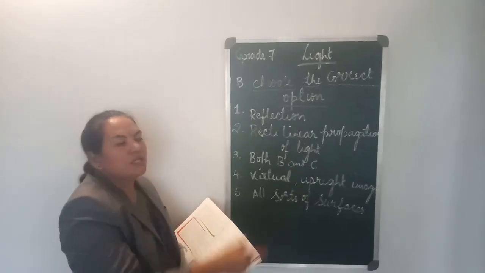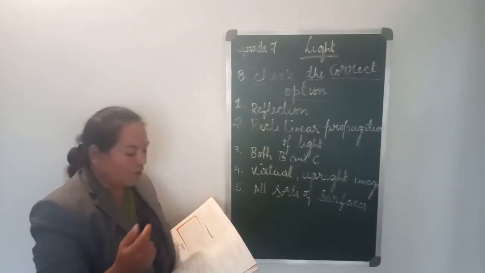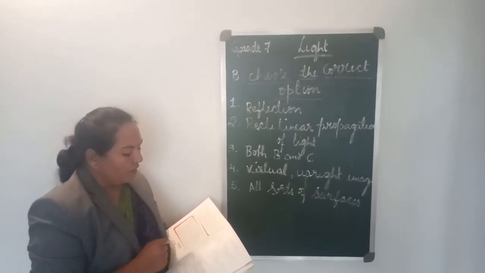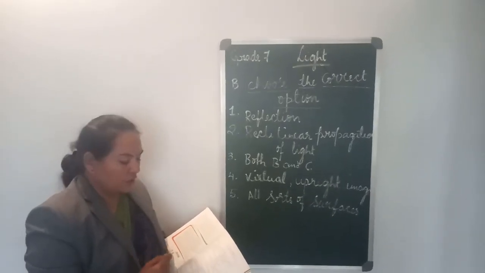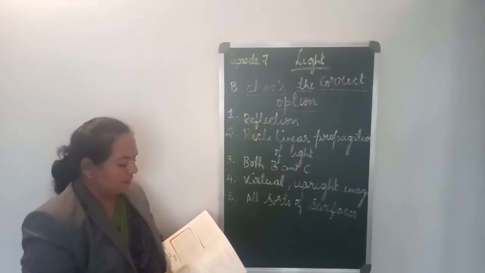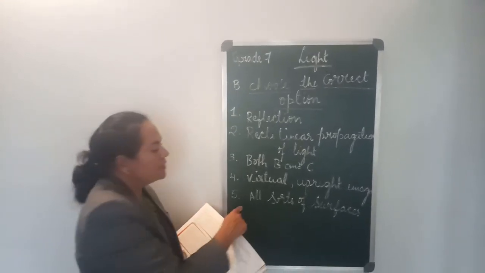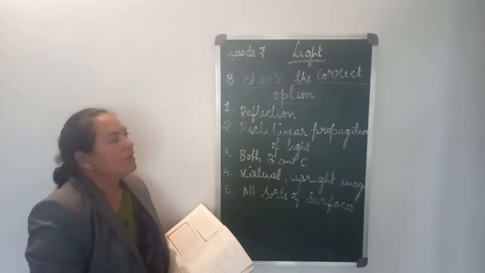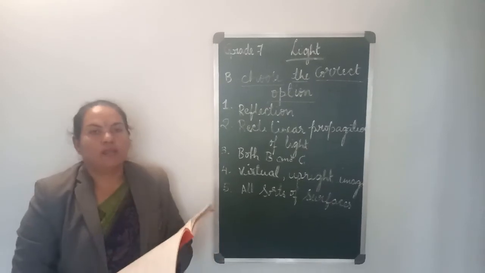The same image of the object will be formed. Now the fifth one, at which surface does the reflection of light take place? Now the answer is, the reflection takes place on all sorts of surfaces. Now these are the things we learned today.